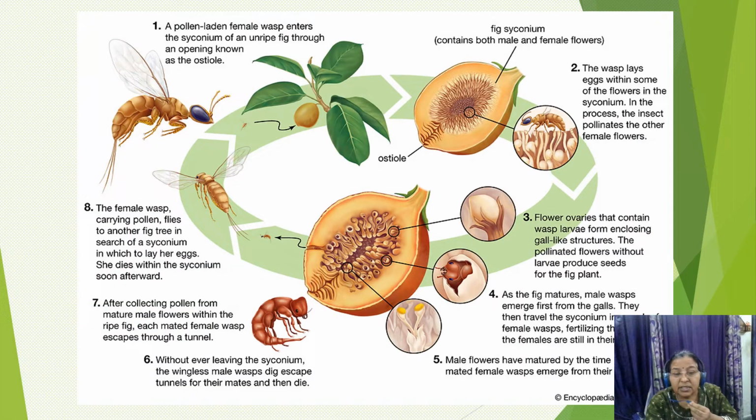Another example is here you can see the fig. Here the insect lays eggs inside this. So when the insect lays eggs inside the fruit, the flower is closed flower, so there is no outer source for going inside. So the insect goes inside and lays eggs.